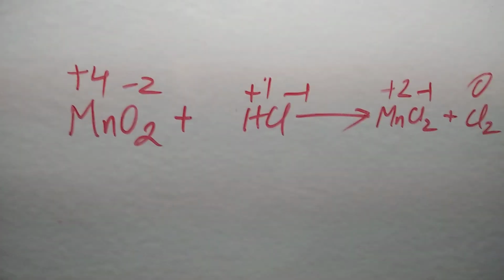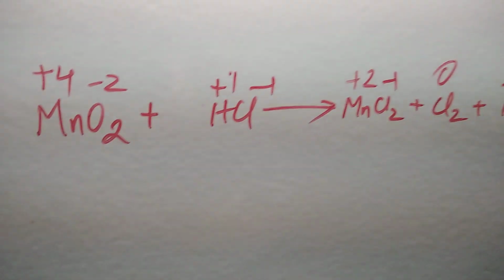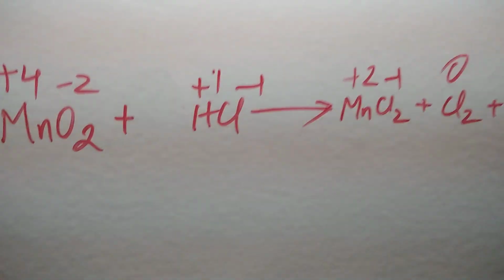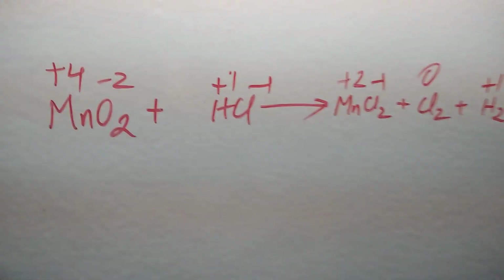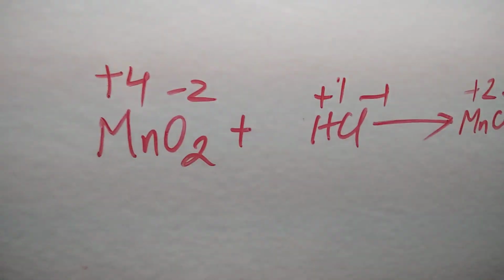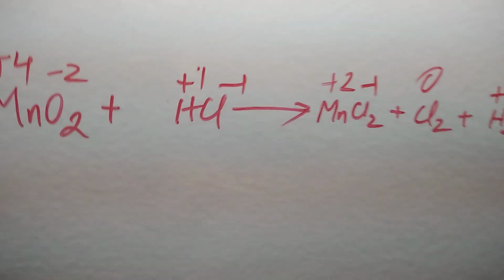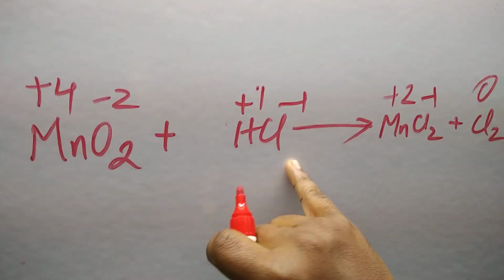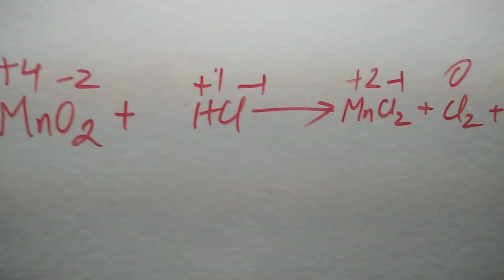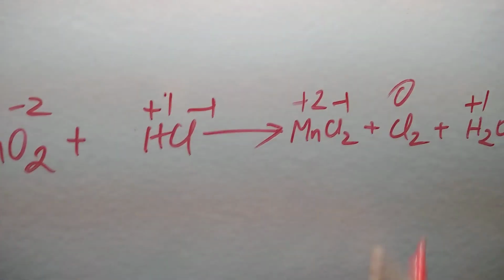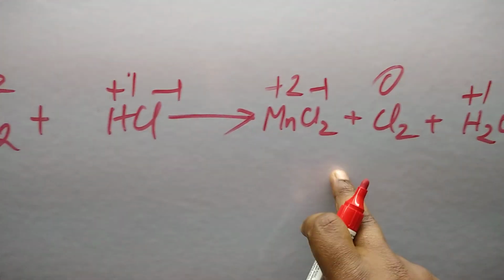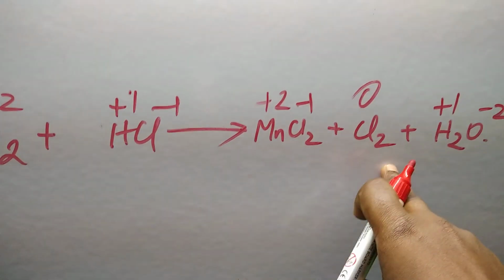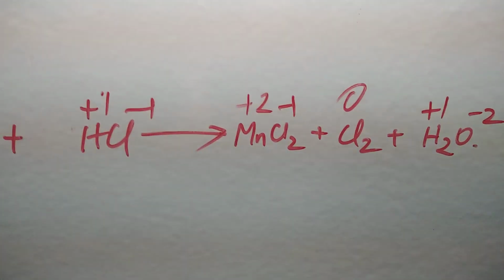Yes, students? Now let's see how to balance it. How many chlorine are present on the product side? Cl2, Cl2, that is 4 Cl.